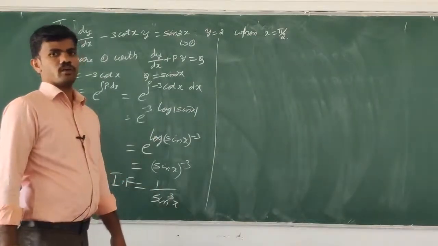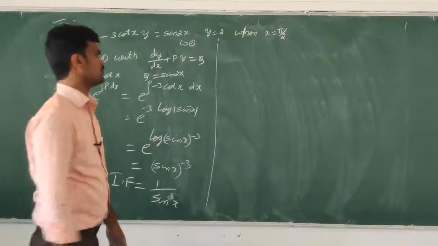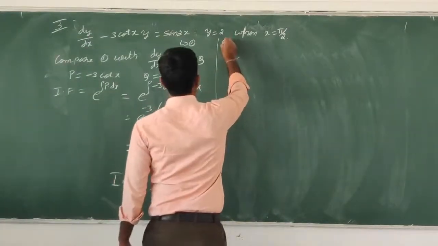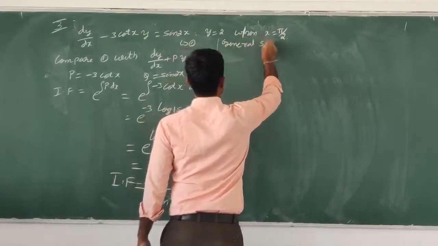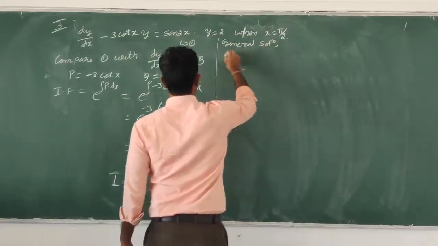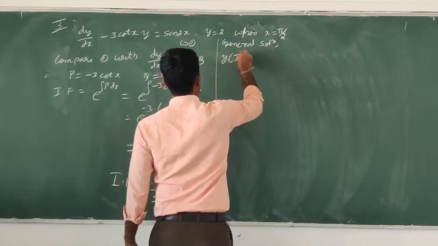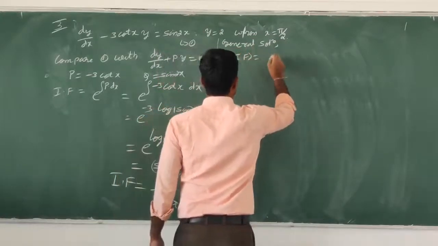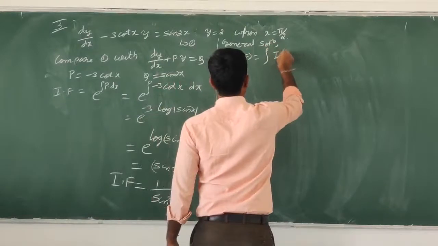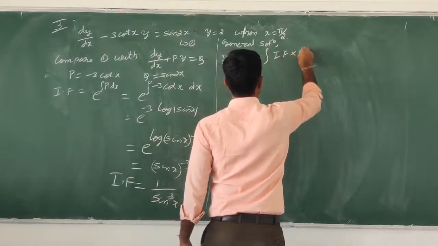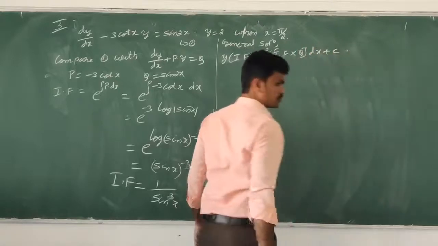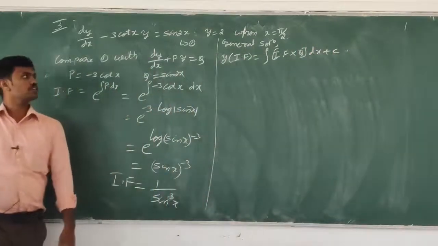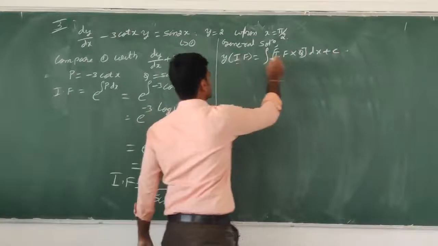Next step is to find the general solution by using the formula y into integration factor is equal to integration of integration factor into q whole dx plus c. We already know the value of the integration factor and also the value of q.